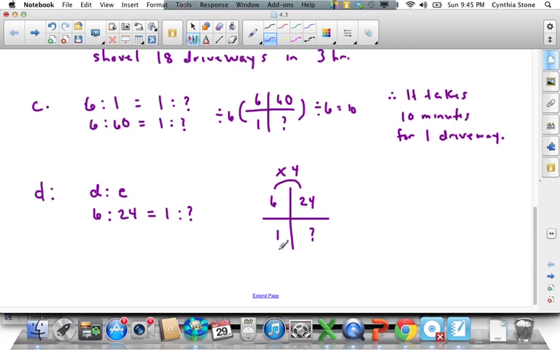So 1 times 4. So he must earn $4 a driveway. This, by the way, is setting us up nicely for our unit rate.